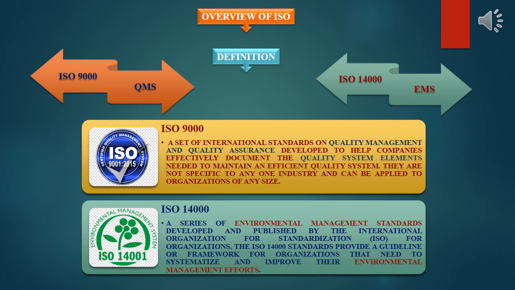And ISO 9000 guidelines are related to quality management systems, that is QMS, whereas ISO 14000 is related to guidelines for environmental management systems, EMS. This is about the definition of ISO 9000 and 14000.